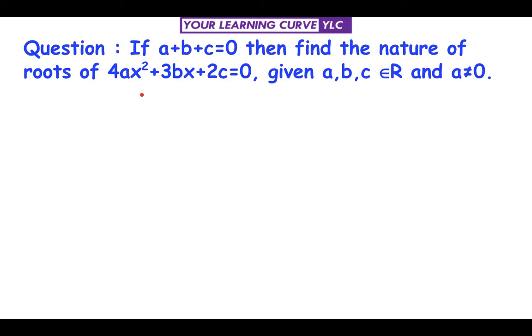If we are able to prove that the discriminant is less than 0, then we can say that the roots will be imaginary. If the discriminant is 0, then we will say that the roots are real and equal. If the discriminant is positive, then the roots will be real and distinct. So, you have to find a relation to decide whether the discriminant is positive, 0 or negative.